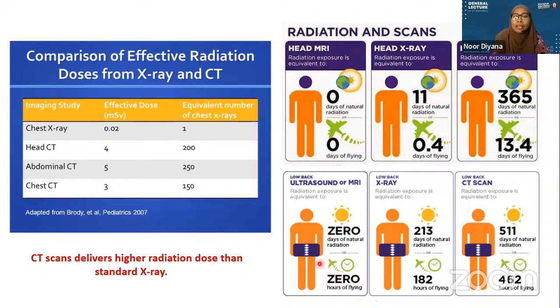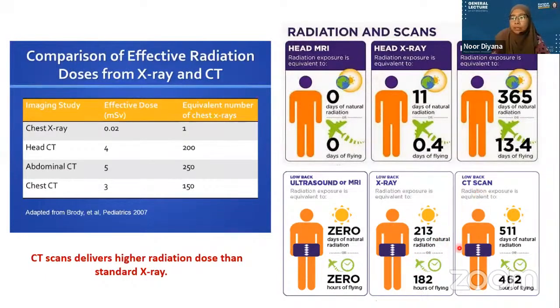Okay, and then for the low back region, if you use ultrasound or MRI, it is 0 because it is non-ionizing radiation. Okay, but for X-ray, it's about 213 days of background radiation exposure.